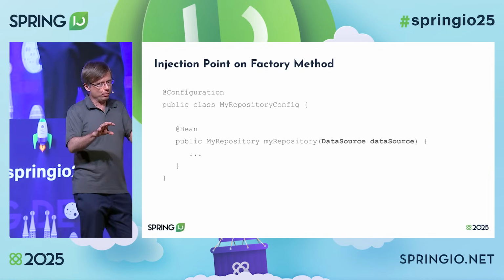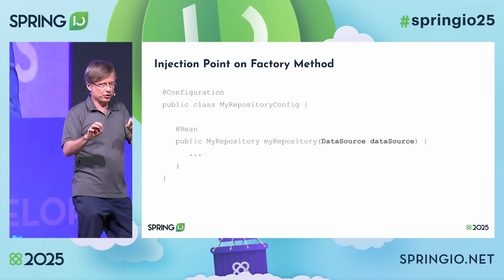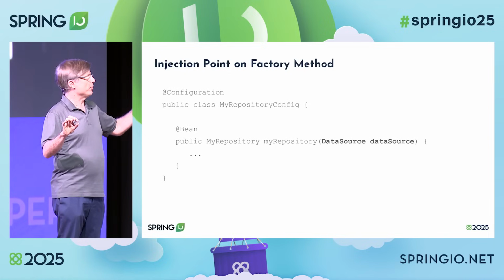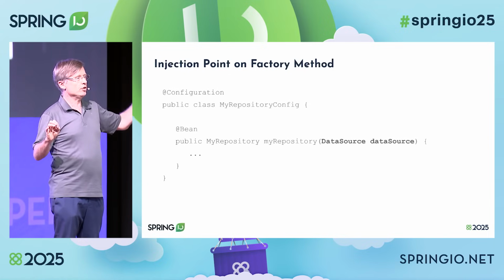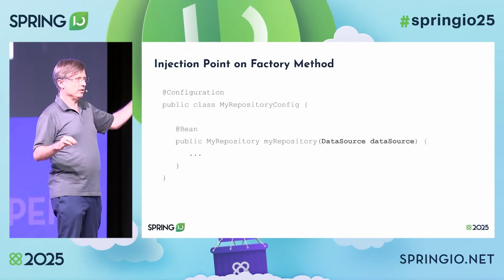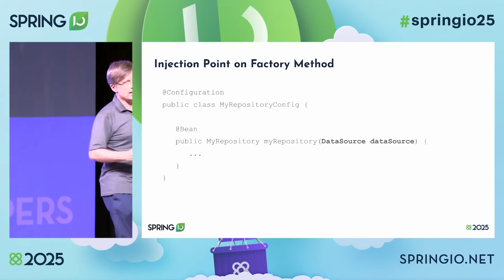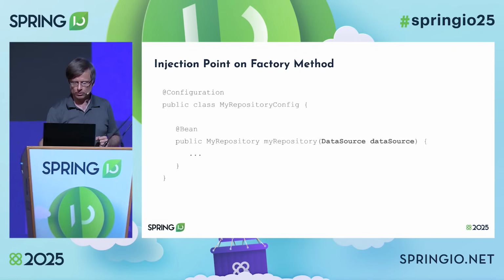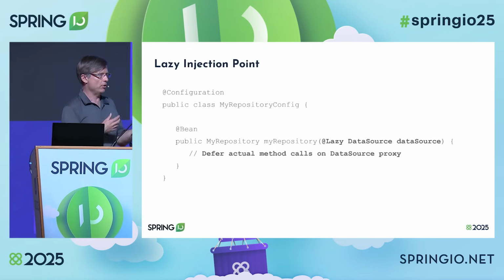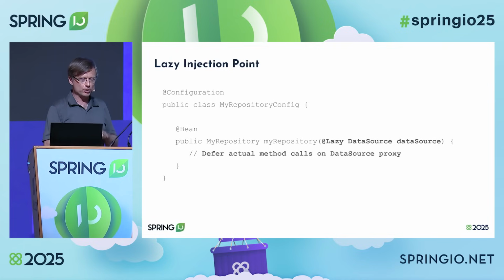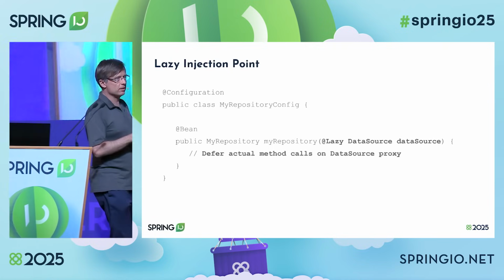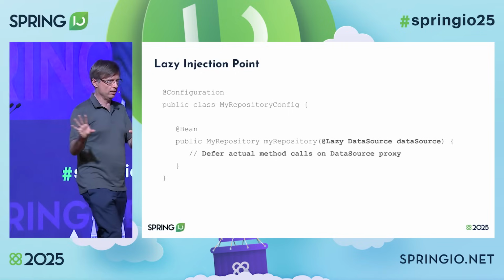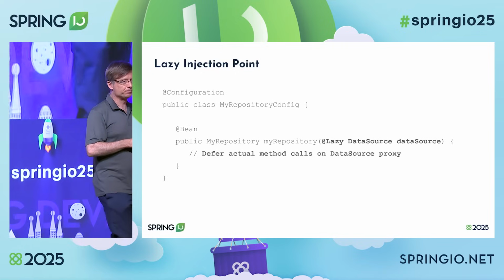More importantly, for the rest of this presentation, both of those are injection points. The data source argument here is just as much of an injection point, the same kind of injection point, as the argument on the constructor was. And going forward, we're not going to vary between constructors and factory methods all that much. Further variations we only look at for the factory method case.